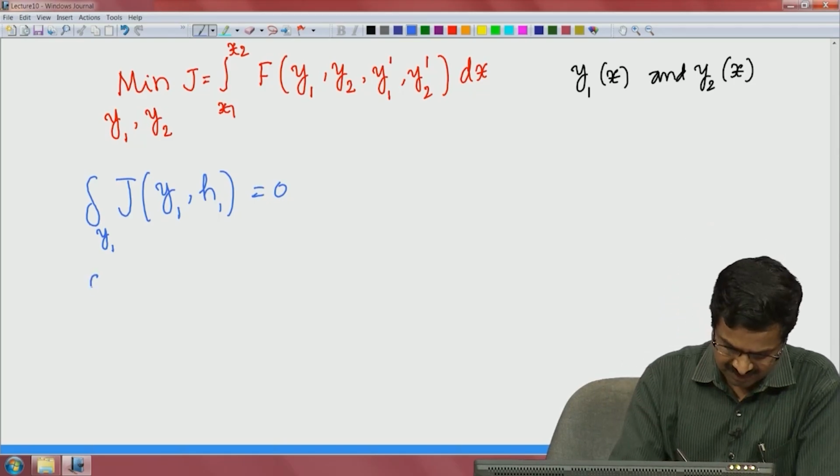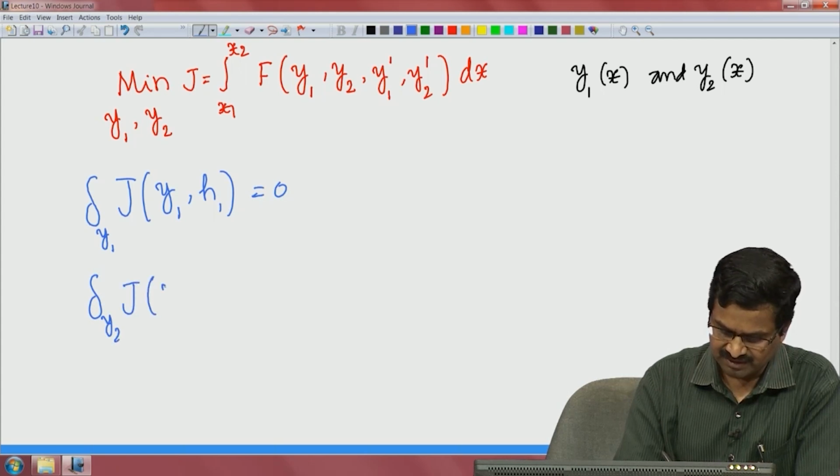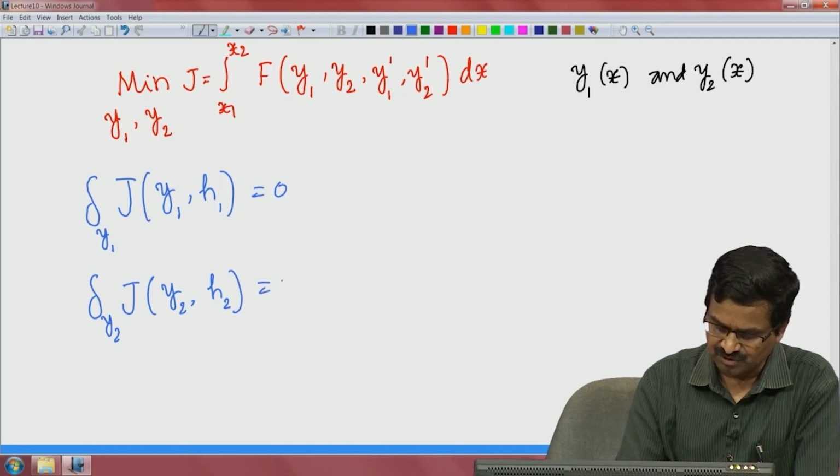We have to do that, and we also have to do with respect to y2. So, variation of y2 and its variation h2 equal to 0.